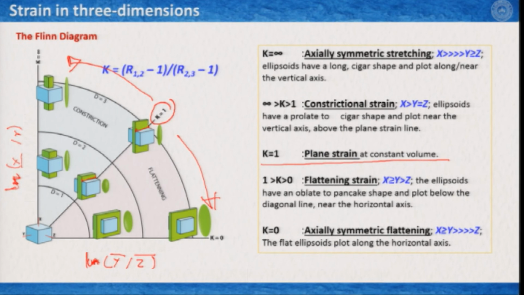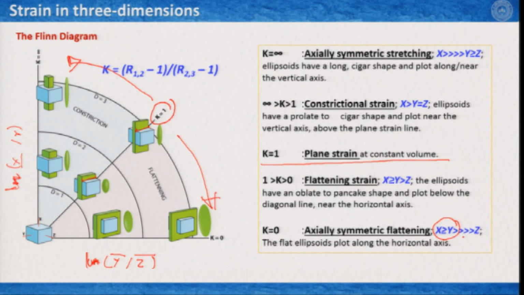On the other hand, if we go to the flattening side, which is the downside of the k equal to 1 line, there the deformation would happen in an axially symmetric flattening manner, where x is greater than or equal to y, and these x and y values are much greater than z.